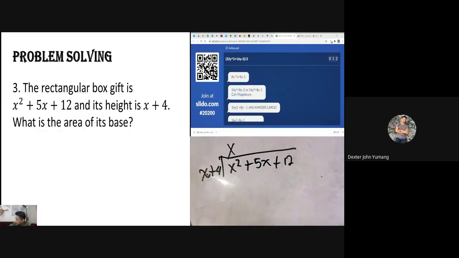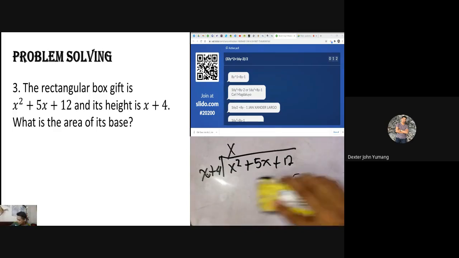Pag mag-divide ba kayo, ano bang ginagawa nyo? For example, 25 divided by 5. Ilan po? 5. So ano gagawin nyo dito para ma-solve yung 25 dito? What operation are you going to use? Are we going to divide? Itong 5 divided by 5 para makakuha ang 25? That is, we're going to multiply.